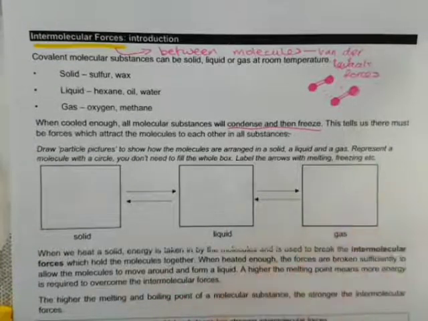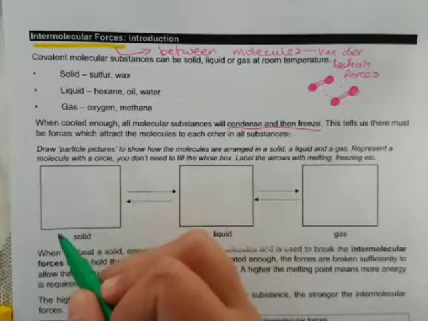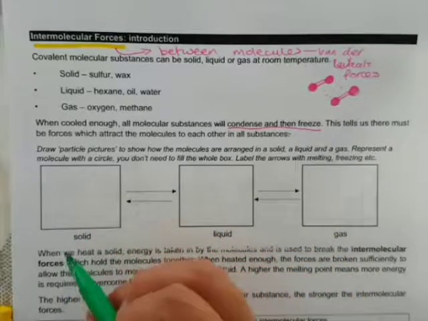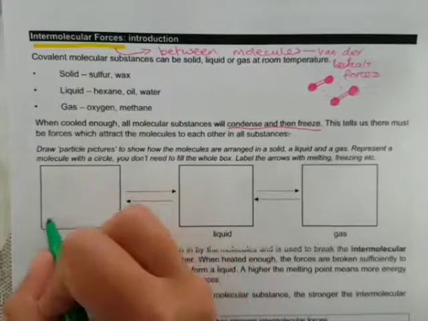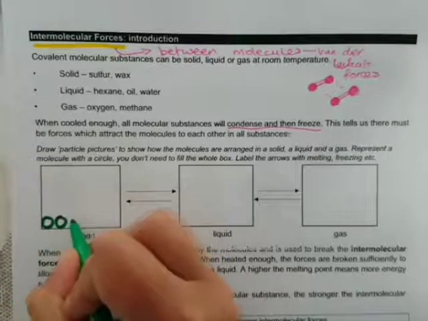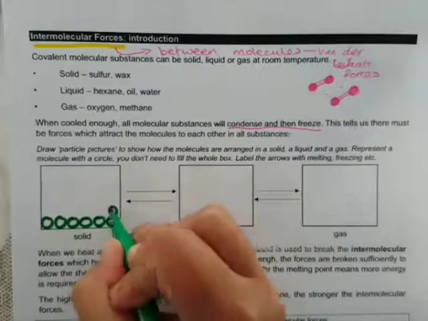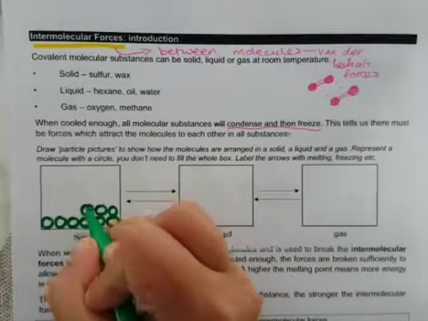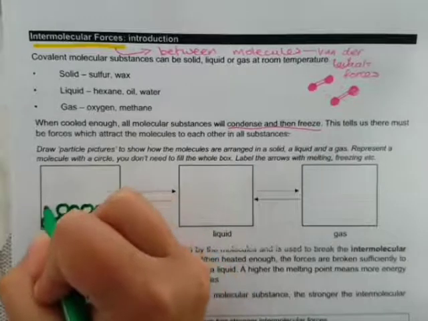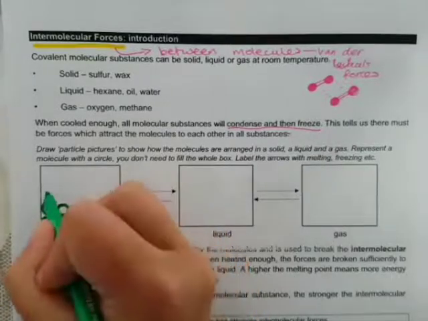We'll just represent a molecule in general with a circle, although obviously we know molecules have lots of different complex structures. So remember, in a solid, our molecules, or whatever particles, if this was a metal, it would apply to the metal atoms as well, or the ions in an ionic substance, but we're imagining these circles in this case represent molecules.